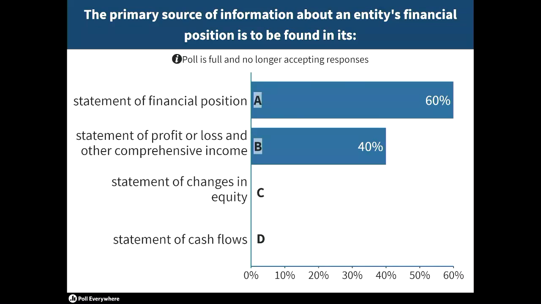So your primary source for financial position absolutely comes from A, the statement of financial position. Do the other statements have a little bit of information on financial position? Yes, they do have some, but that's not a primary source. That's why we specifically prepare the statement of financial position.